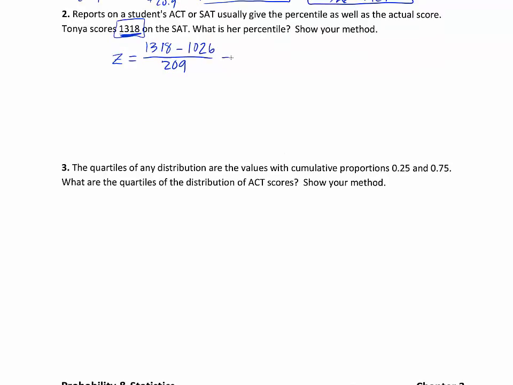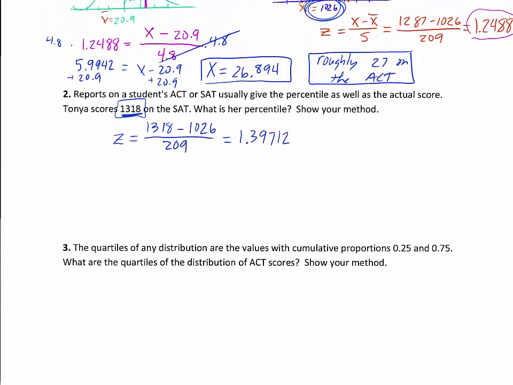So if we go ahead and put that in our calculator, we get 1.39712. And you guys need to be double checking me with some of these. I make mistakes just like you might make mistakes. And if you compare these, just a little bit of a logic test, Jose's was 1.24, hers was 1.39, and she did score a higher score, so this makes sense. Her z-score should be a little bit higher. She's further up on the curve.